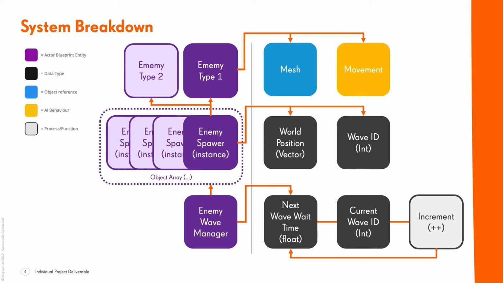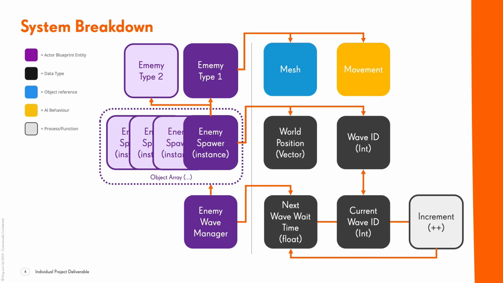So it's tracking the actual wave ID, and that's visible for the designer at runtime. There's also a process of incrementing the wave ID every time a wave has spawned. That system basically keeps going until all the enemies have been spawned or all the waves have been processed through.